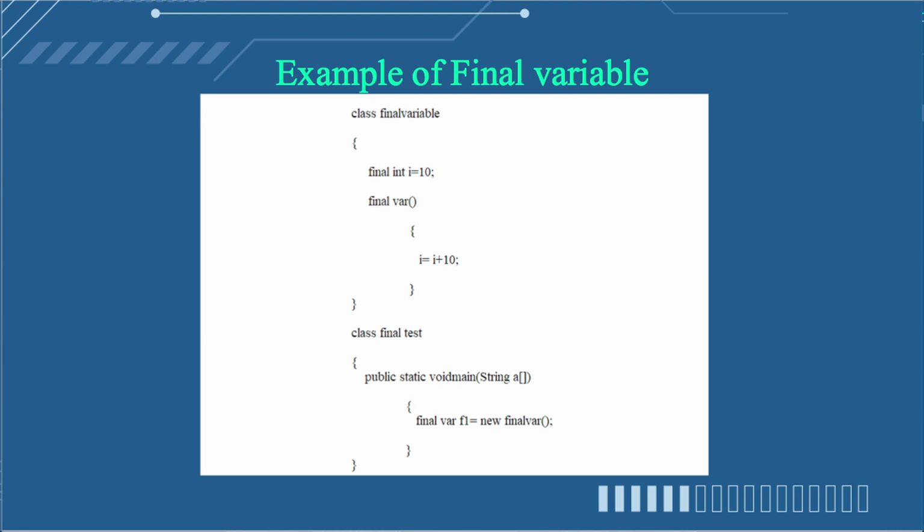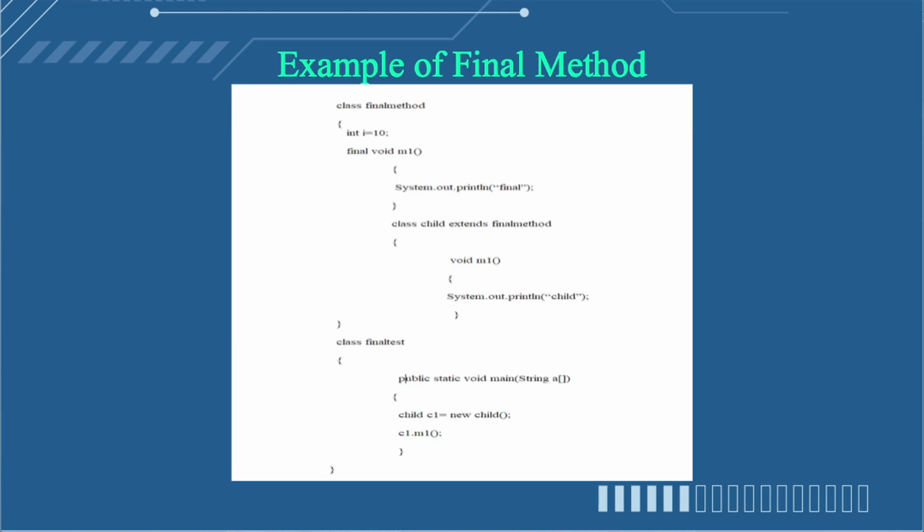Similarly, we will take the second example, of a final method. In this program, we have created a class, the parent class. In this class, we have declared the integer variable I is equal to 10, and a method m1 which is declared as final.